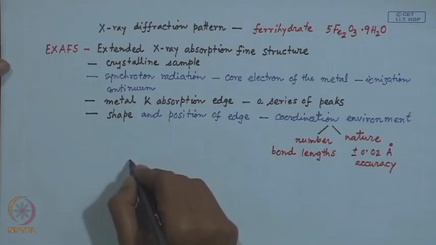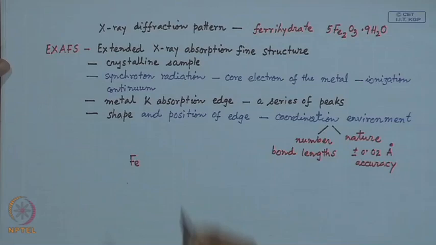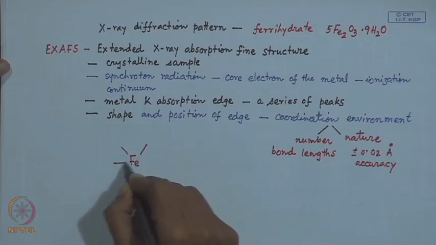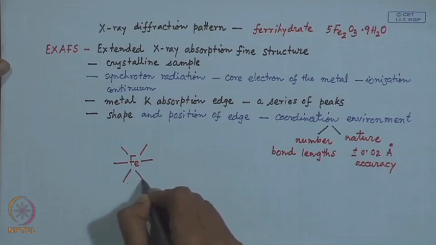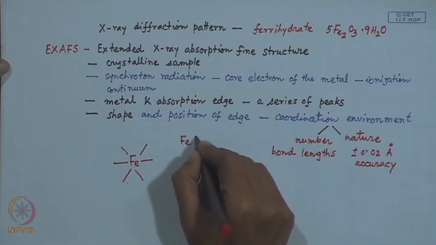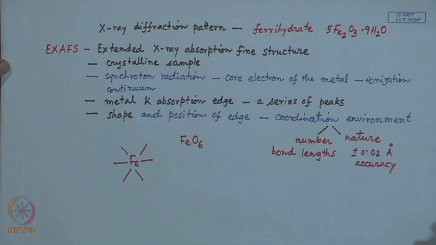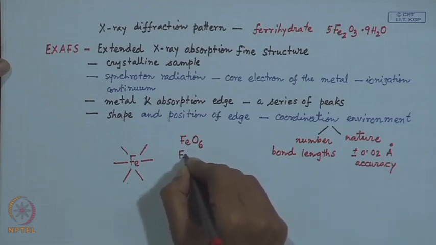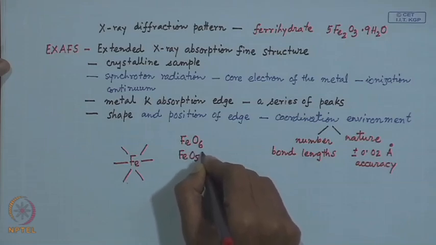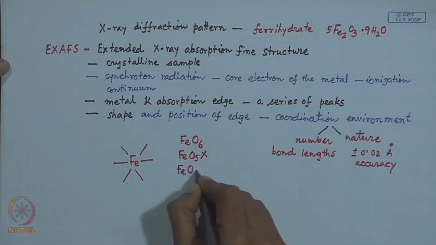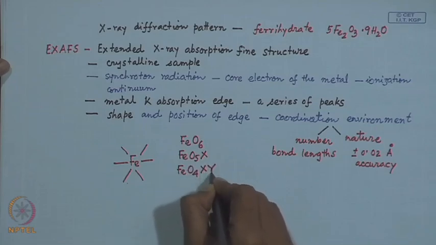So, the problem we can have is you have the iron center, so from this XAFS data we can establish whether you have an environment of FeO6 only, or an environment which is FeO5X, or an environment which is FeO4XY.